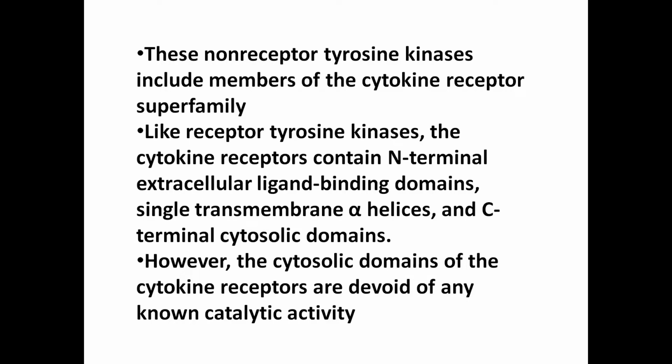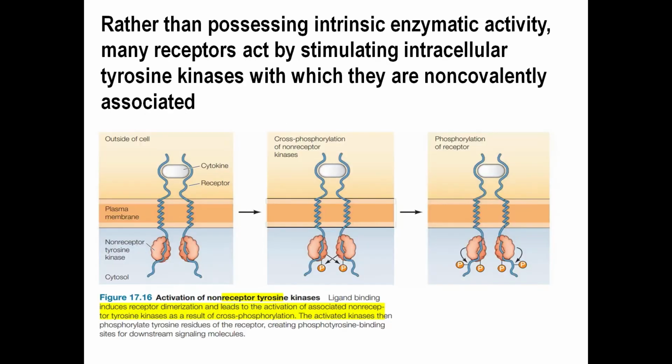Like receptor tyrosine kinase, the cytokine receptors contain N-terminal extracellular ligand binding domains, a single transmembrane alpha helix, and a C-terminal cytosolic domain. So the structures are quite similar to that of receptor tyrosine kinase. As you can see, there is the N-terminal towards the outside or the exoplasmic side.